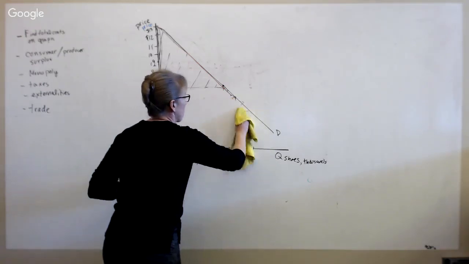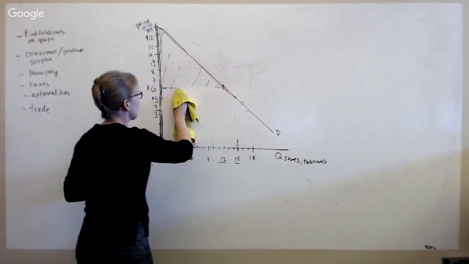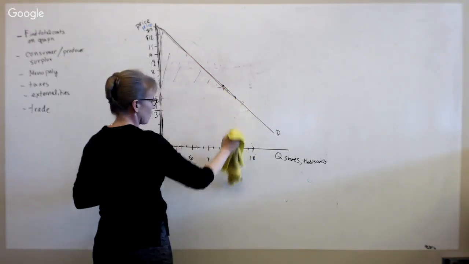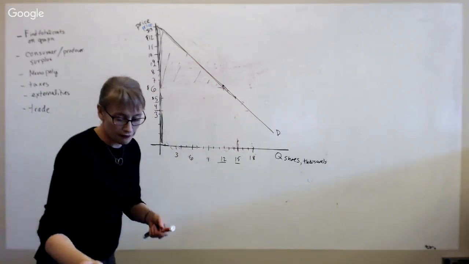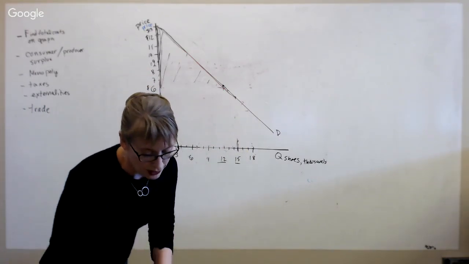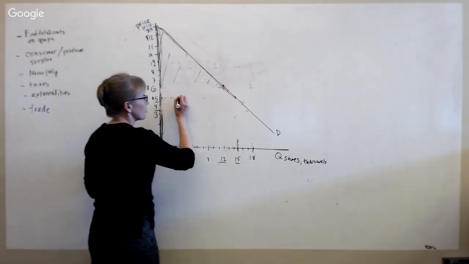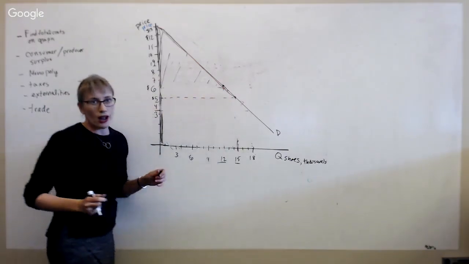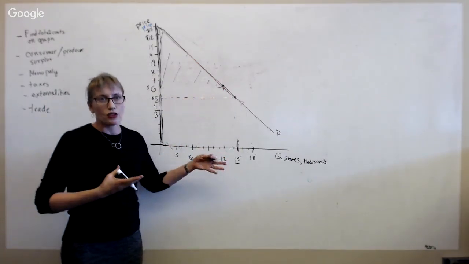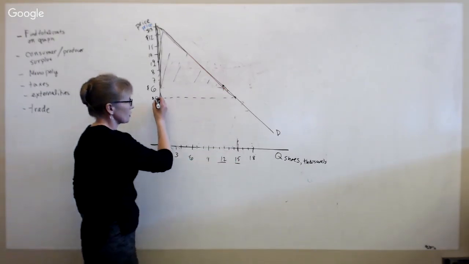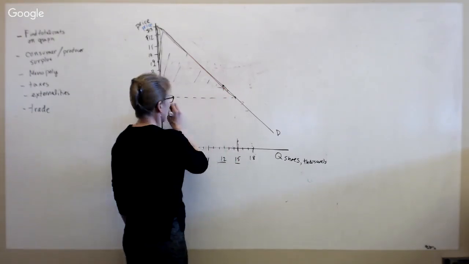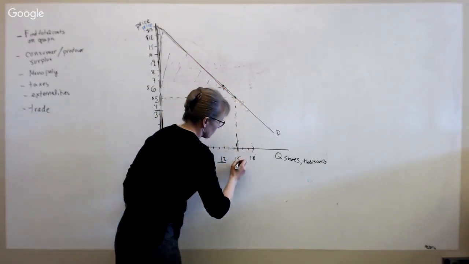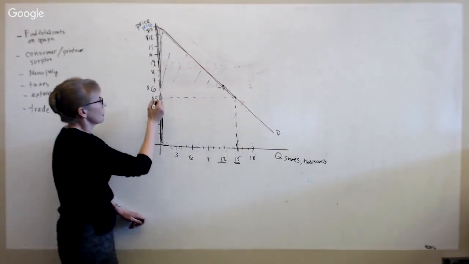All right. So let's pick a level. I like $5. We have 5 and 15. So let's pick a price. We're going to pick a price of $5 and use the graph to find the total value of consumer surplus. So at a price of $5, consumers are willing and able to purchase 15 pairs of shoes.